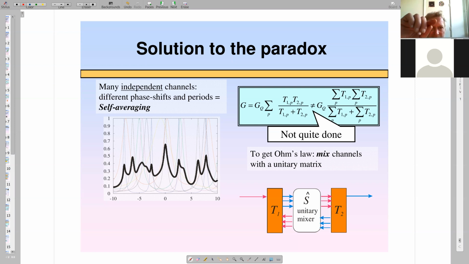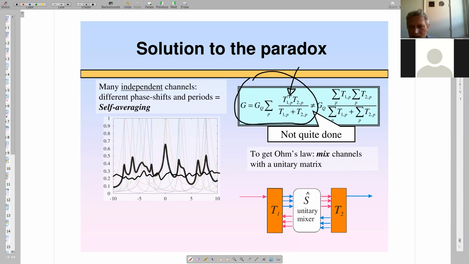If I add more channels, I would get a curve which goes somehow like this. Right. So a rather plain fact: if I take many parallel channels, the contributions of different phase shifts would be averaged. But we are not quite done. Look, if I just do it formally, mathematically, that's what I get. So for each channel, Ohm's law is restored.